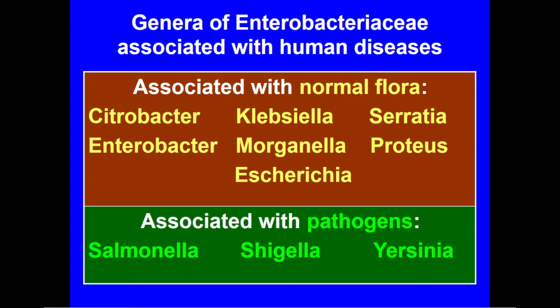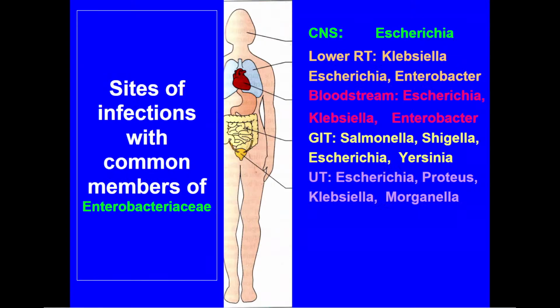So these three genera, Salmonella, Shigella, and Yersinia, are considered to be highly pathogenic, capable of causing diseases of different degrees of severity. Of course, Yersinia, especially pestis, has the highest pathogenicity, but then Salmonella and Shigella are also highly pathogenic.